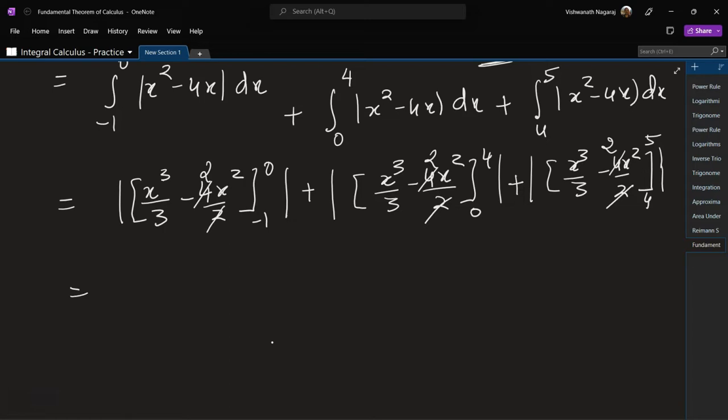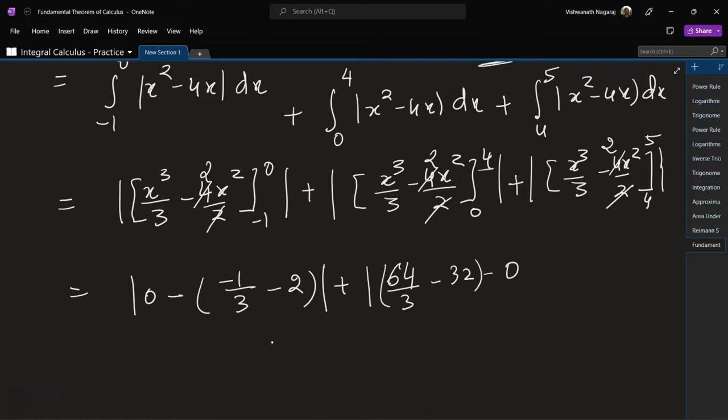Now if we substitute 0, the whole thing becomes 0 minus, and then we have minus 1 cube, that is minus 1 by 3 minus 2x square. Minus 1 square will be 1, so 2 times 1 is 2, plus again 4, 4 cube is 64 by 3, then minus 4 square is 16, 32, then minus 0.